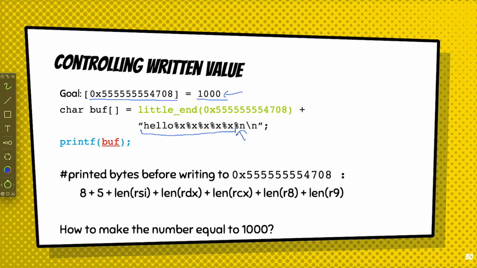However, in this case, we just don't have that many. You may want to put 1,000 A's over here, but that's going to be too long, and maybe the buffer will not allow us to put tons of characters. So the question is, how are we going to make this number exactly equal to 1,000?